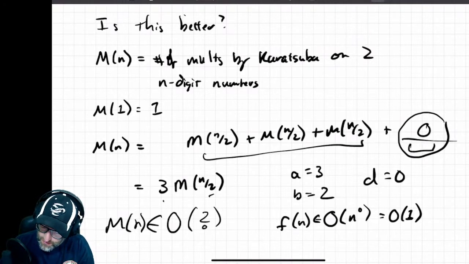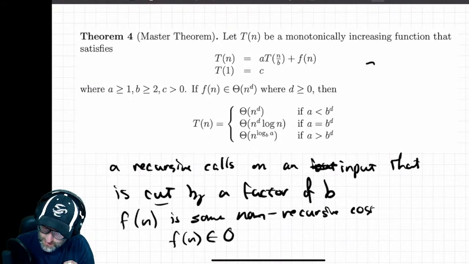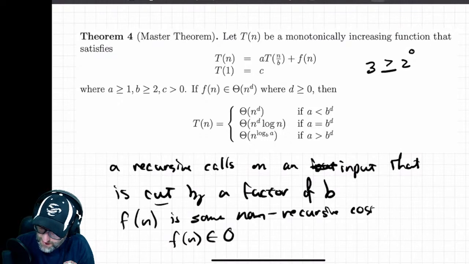Now all I need to do is plug and chug into the master theorem. So we've got 3 versus 2 to the 0. Hopefully you understand that 3 exceeds that. And so I'm looking at case 3 of the master theorem.